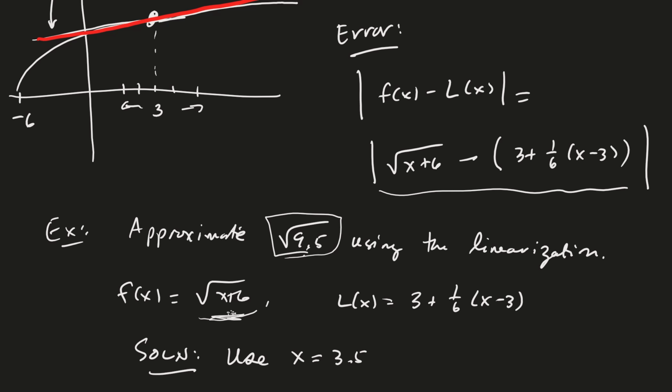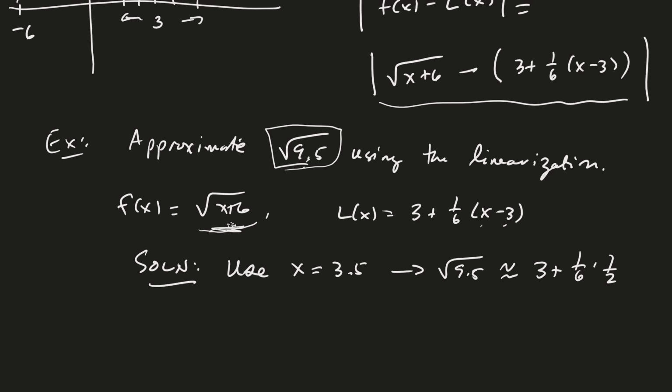Okay, and so therefore, when I go over here, I'll have 3.5 minus 3, so that'll be 1/2, and so my approximation will be square root of 9.5 is approximately 3 plus 1/6 times 1/2. Okay, and so that's 3 plus 1/12. Okay, and so that's approximately equal to 3.0833. So you might ask, well, how good is that approximation?